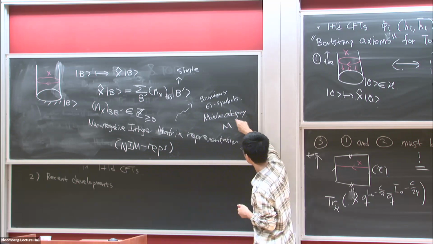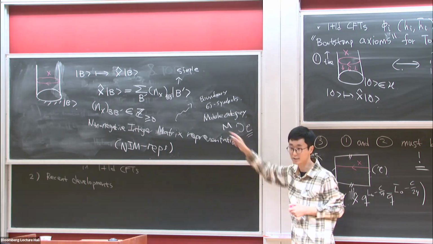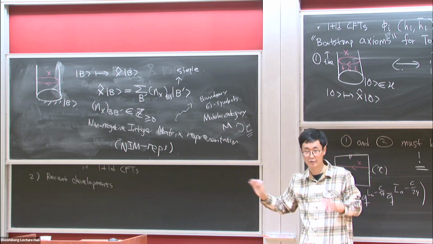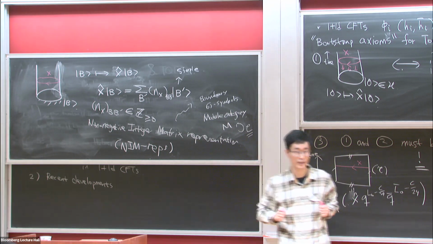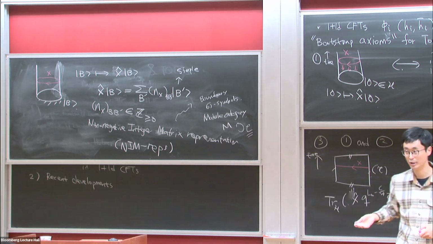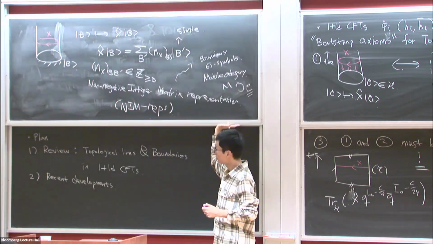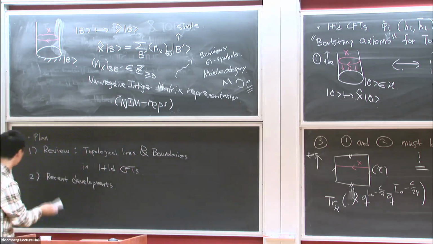And there's this fusion category of topological lines, which is denoted as C. The precise definition is not going to be important. So throughout the talk, whenever I say a module category, you can just think of that as a multiplet of boundary conditions. That's what I mean. Okay, so far this was a review.